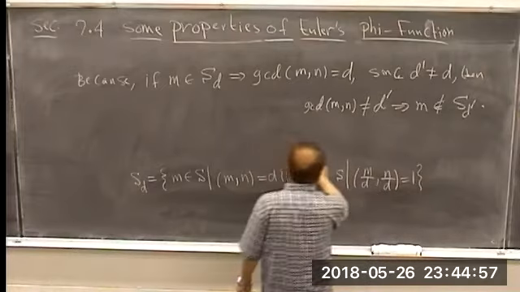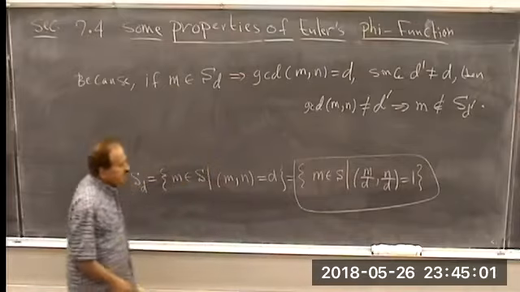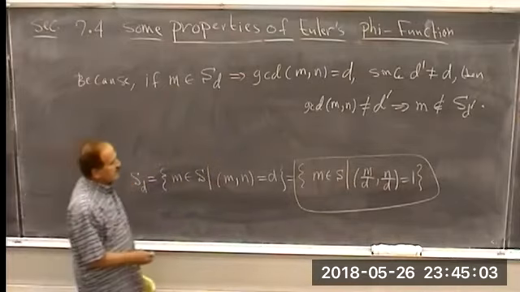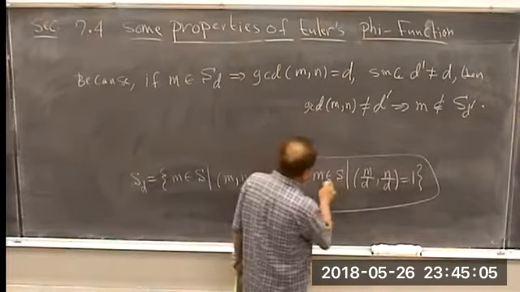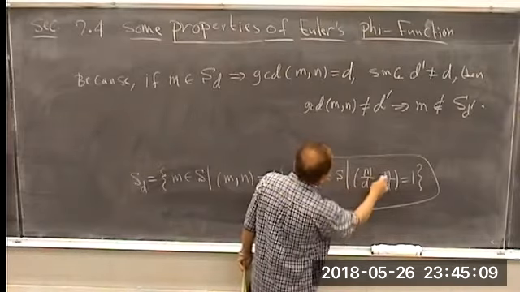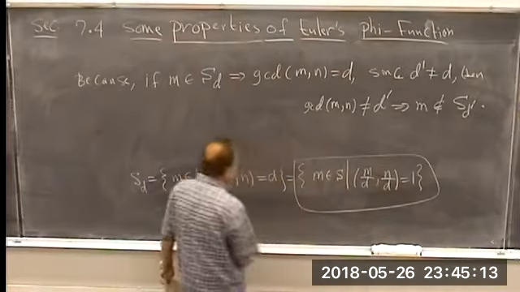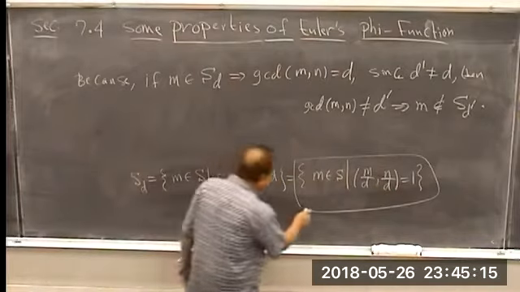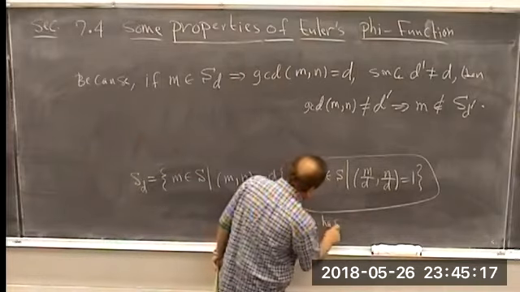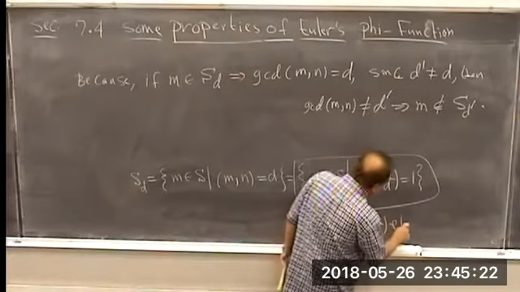Now, by definition, this is the number of elements from 1 to n over d that are relatively prime to n over d. So this has phi of n over d elements.